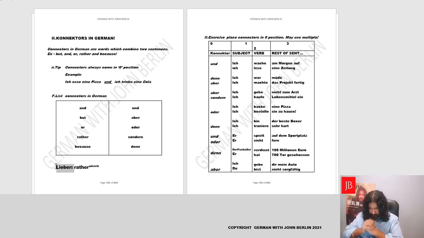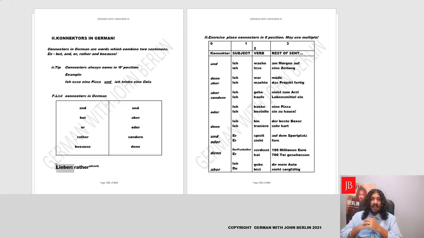Yes. For example, I ask you, hey, kommt ihr mit ins Kino? Do you all come with me to the cinema hall? And you say, nein, ich studiere lieber Deutsch. Yes. Or wir studieren lieber Deutsch. We study rather German. So again, you are speaking only one sentence. Yes.